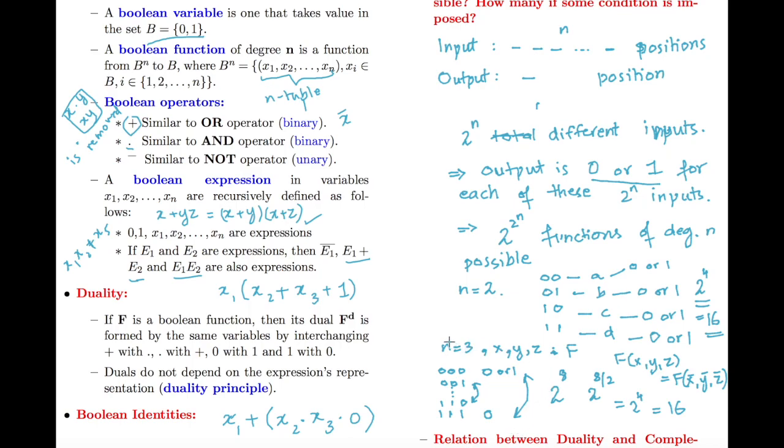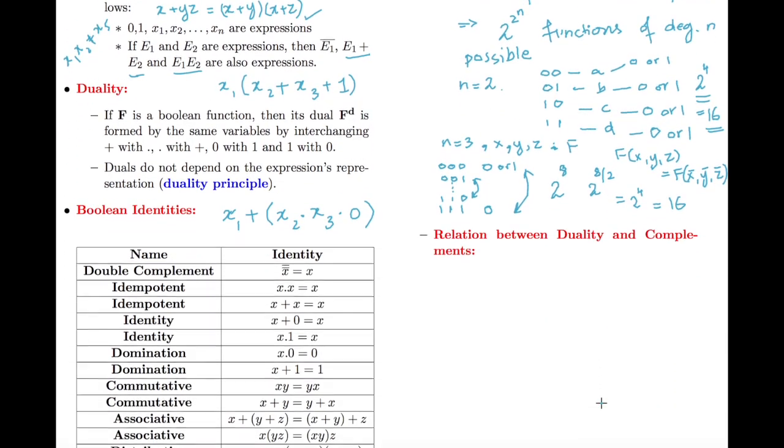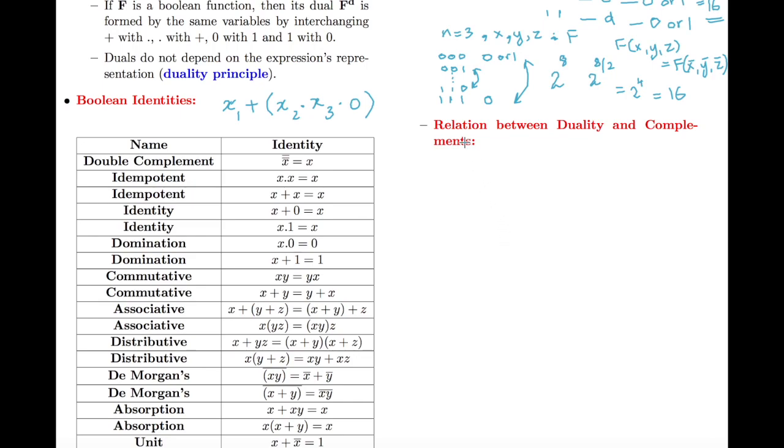So this is what happens when we impose a constraint that our function value is equal to some other function value when we change the input combination. Obviously our overall degree of freedom will go down because we can only choose some of them. My next question is that we want to find the relationship between duality and complement.